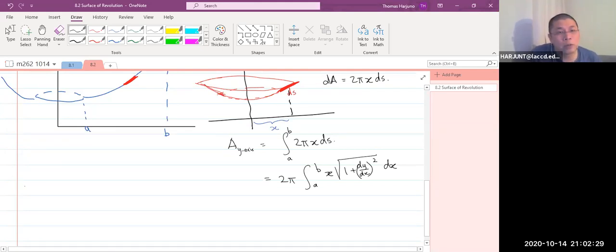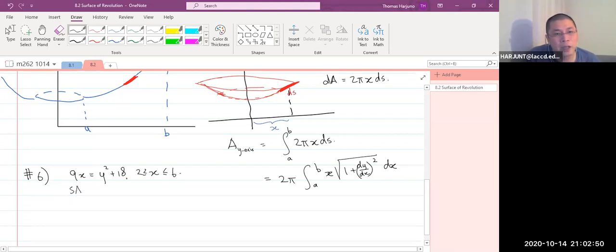So let's do problem number 6. We have 9x equals y squared plus 18, and then x is between 2 and 6.